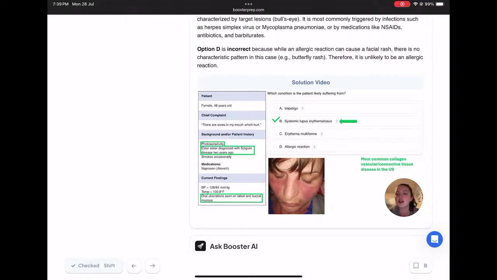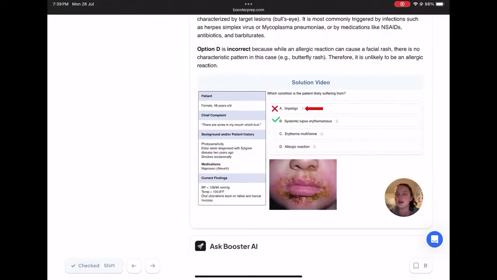Because lupus can involve a number of symptoms and often presents very differently between patients, it can be hard to diagnose. Treatment varies based on the specific symptoms and presentations, and the prognosis is also very dependent on what organs are affected. So although we know this is the correct answer based on the malar rash we can see, her photosensitivity, her oral ulcers, and her sister's diagnosis of Sjogren's disease, let's go through the other answer choices and briefly touch on what they are and why they would be incorrect in this case.